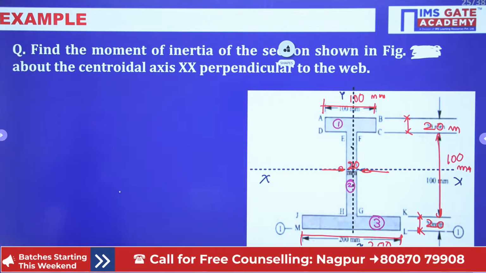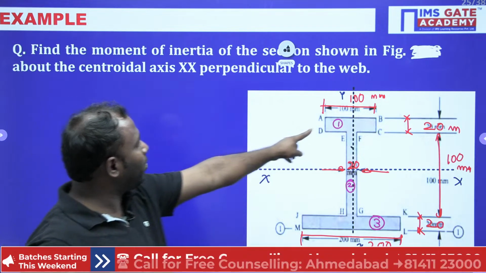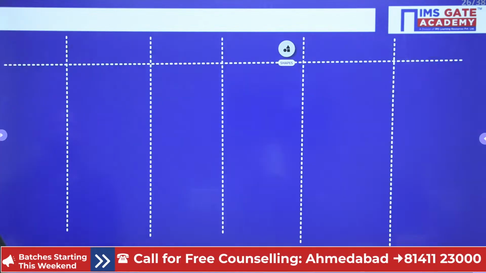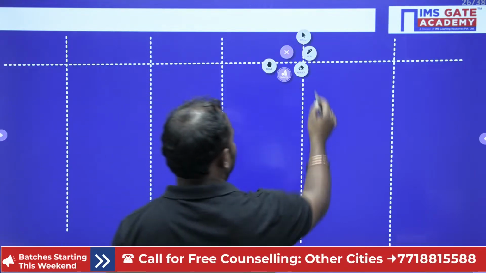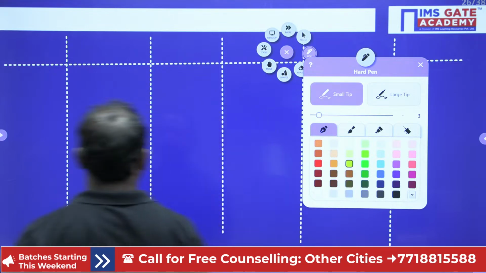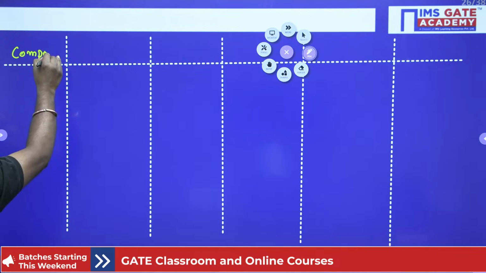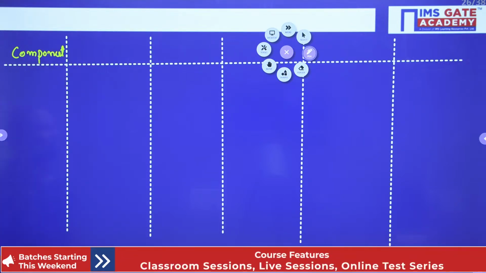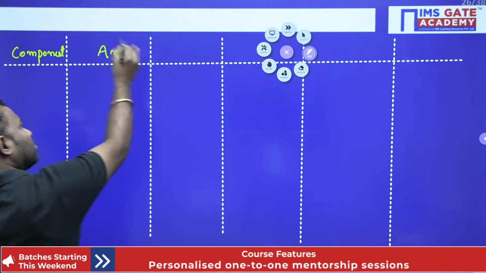Now, let us go: first we will calculate areas. So, area of component 1. What is the component? ABCD component, right. Area 1, component first. Next here it is going to be area.